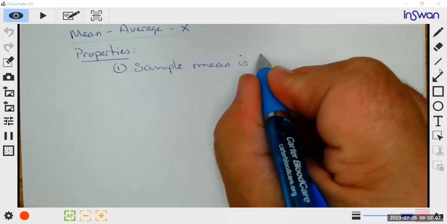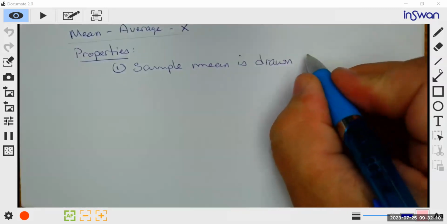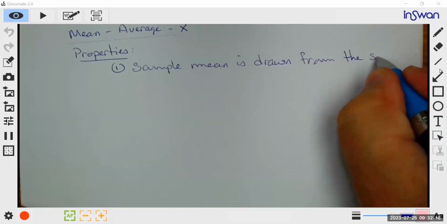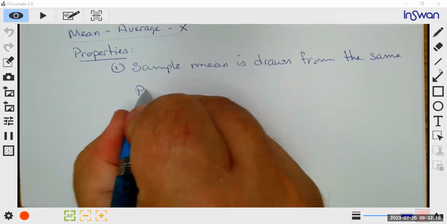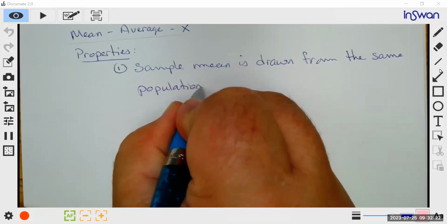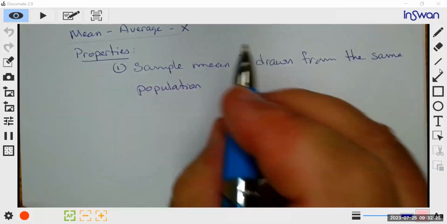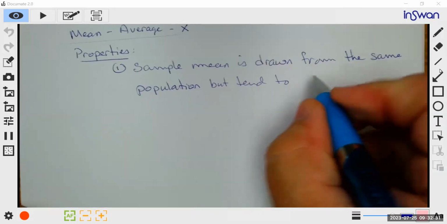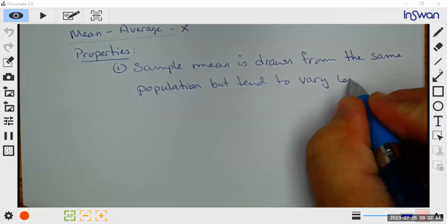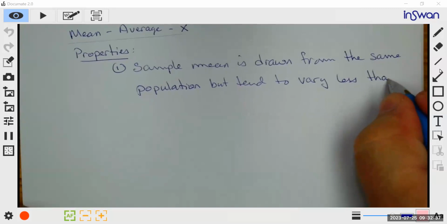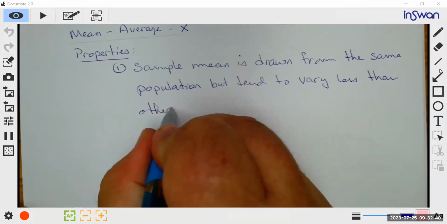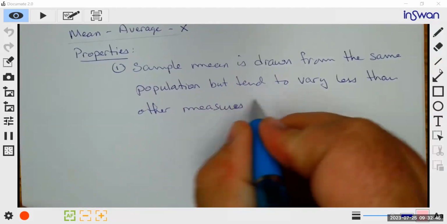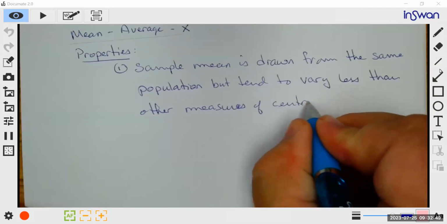Sample mean is drawn from the same population but tends to vary less than other measures of central tendency.